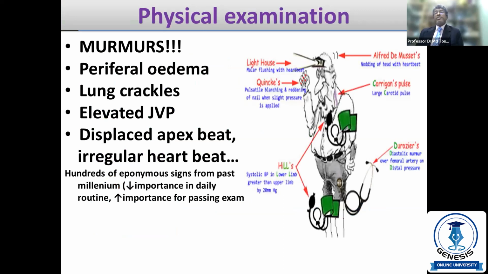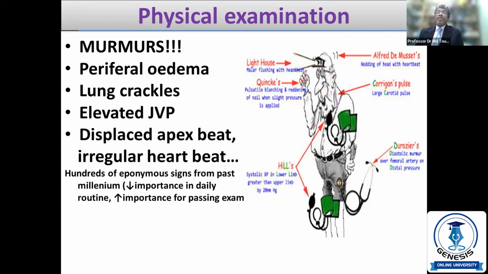On examination, usually we get some murmurs. Already I have discussed what murmurs we get in mitral stenosis or mitral regurgitation, aortic stenosis or aortic regurgitation. When there is heart failure, the patient may have bilateral basal crackles and peripheral edema also.